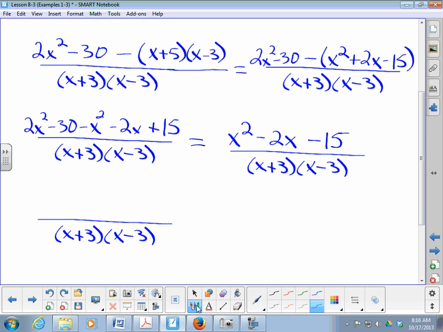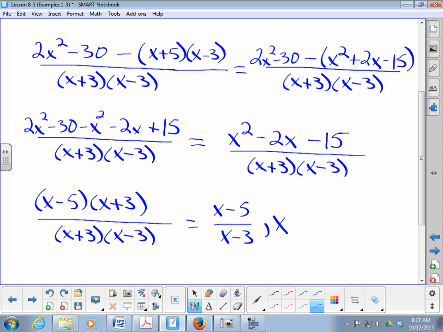Okay. So the numerator is x minus 5 and x plus 3, right? So I can cancel the x plus 3's, and my result is x minus 5 over x minus 3. And x cannot equal plus or minus 3. Okay.